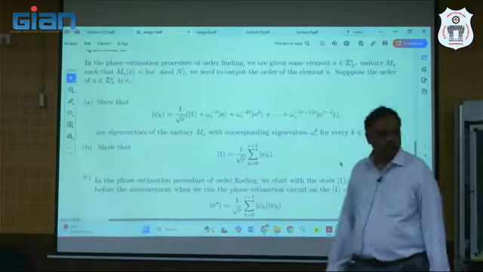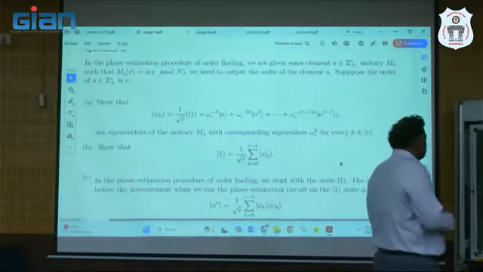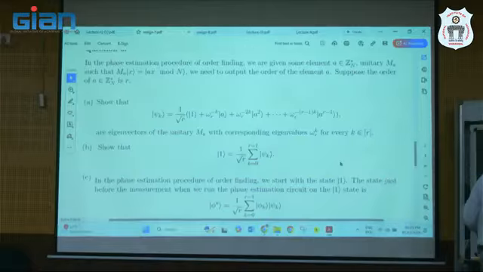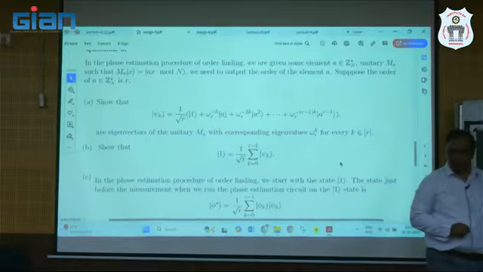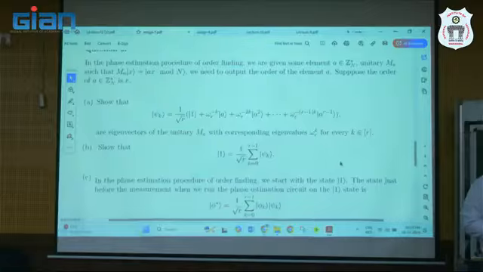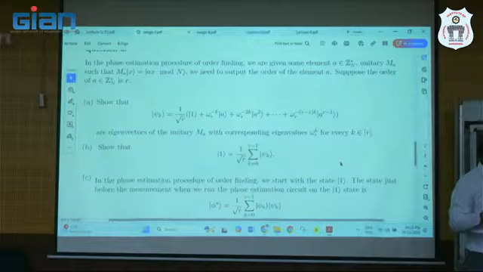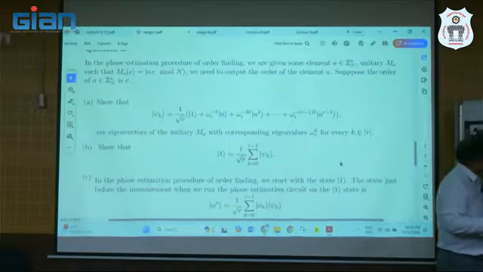Now again, same thing, you see? Same thing. J equal to 0. What is j equal to 0? You get 1. Correct. You get a to the 0, which is 1. What is this? Use this formula.